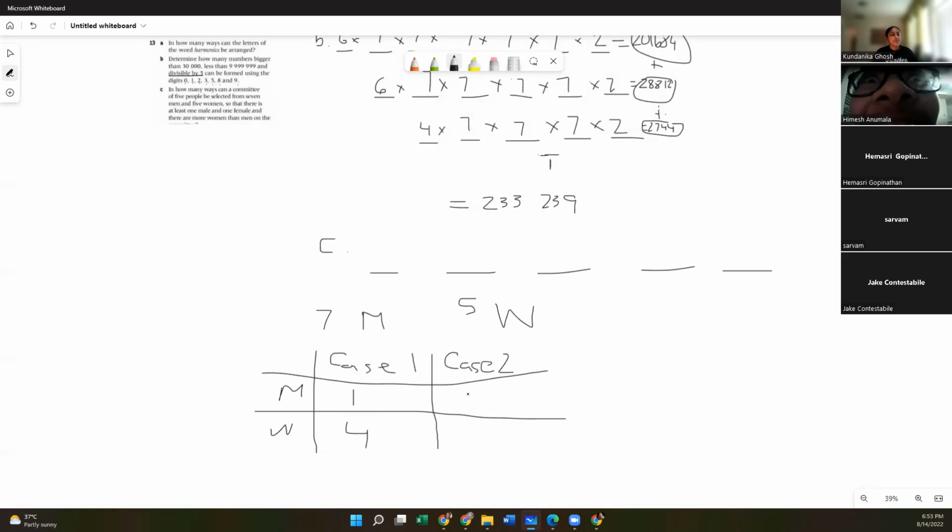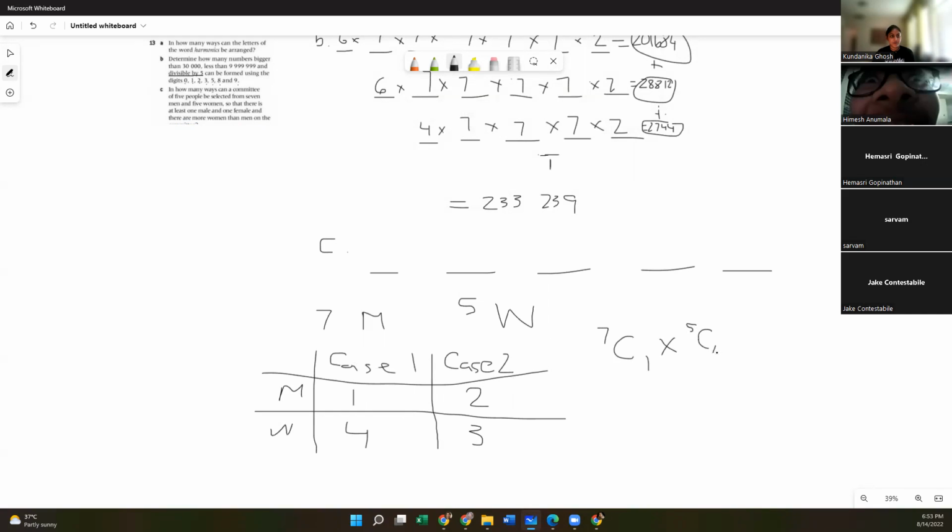And then in case 2, there are 2 males. Again, at least 1 male fulfills the requirement. And then 3 females, again, at least 1 female, more women than men. 3 is greater than 2, and 3 is also greater than 1. Therefore, it fulfills both requirements. So that means for case 1, out of 7 men, we choose 1 man, times out of 5 women, we choose 4 women.